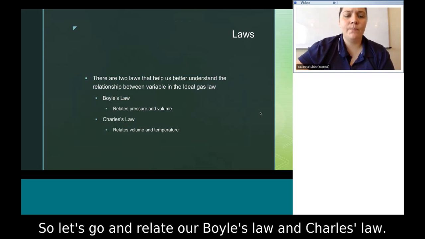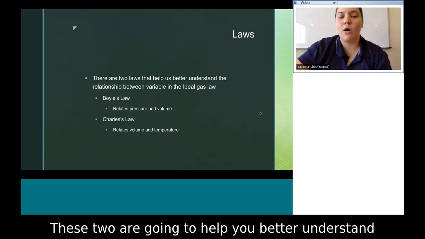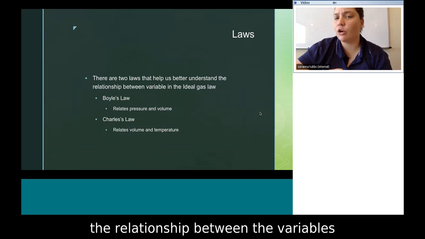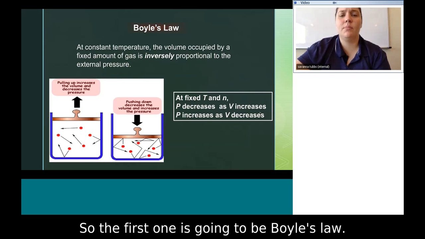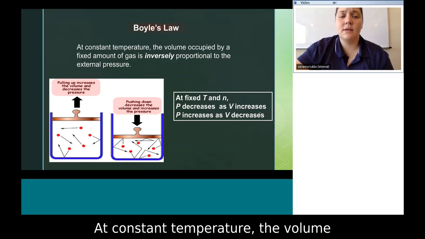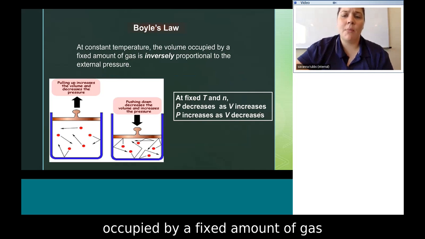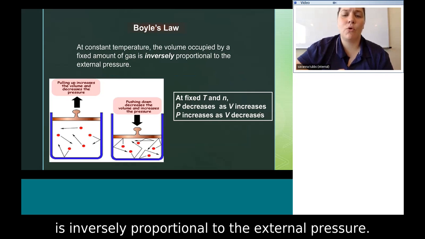So let's go and relate Boyle's law and Charles' law. These two are going to help you better understand the relationship between the variables that we actually use in the ideal gas law equation. The first one is going to be Boyle's law. At constant temperature, the volume occupied by a fixed amount of gas is inversely proportional to the external pressure.